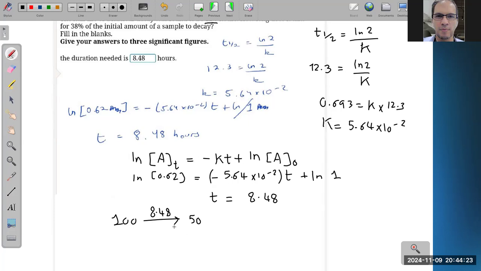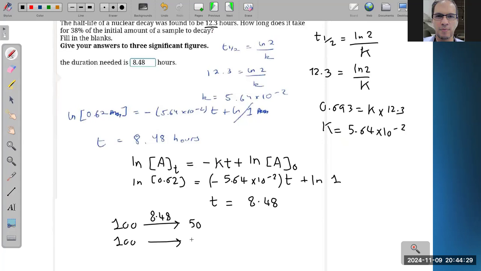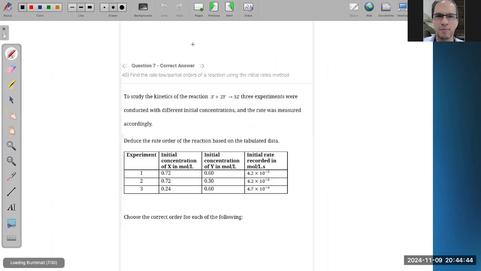So it will be only 36%. So I will change from 100 into 62%. أنا آسف 62%. So لسه ما وصلتش الهاف، لأن الهاف بياخد قد إيه؟ 12.3. أنا هاخد 8.48 يعني خسيت وقت أقل بس من الهاف لايف.